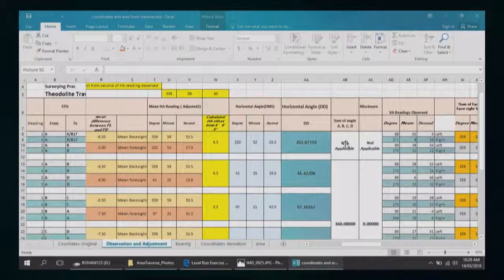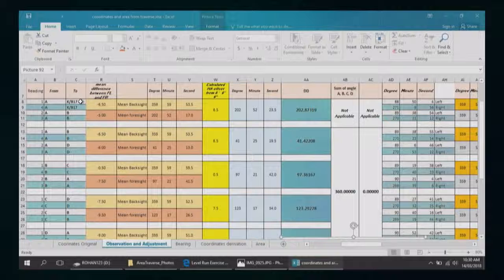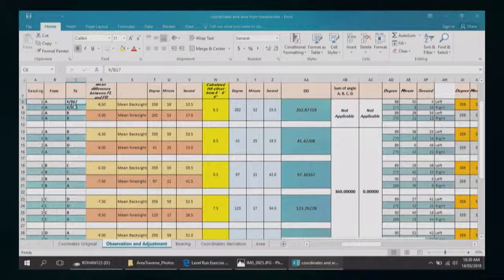The readings are recorded in a sheet. So you place your prisms and your total station in a particular way, in a particular sequence, and you take your readings. And you can see here, starting from point A, pointing towards point K, and facing left, and then there's a facing right, same, point A to point K, but facing right, which means you turn the total station 180 degrees and you take the reading again.